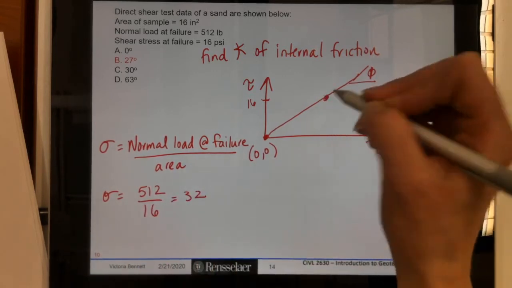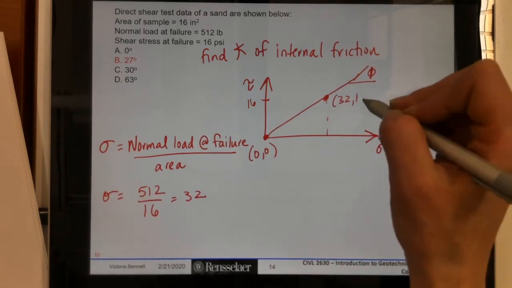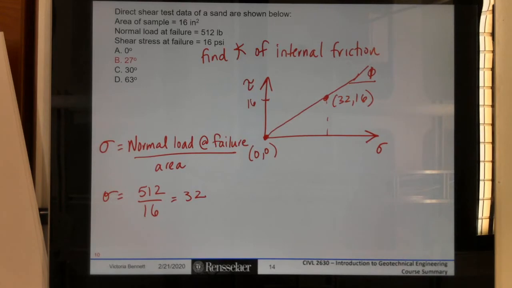So the other point on our curve is 32.16. So we should be able to find that angle based on knowing those dimensions.